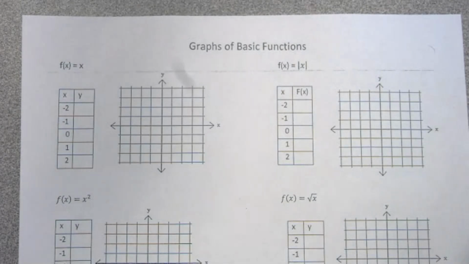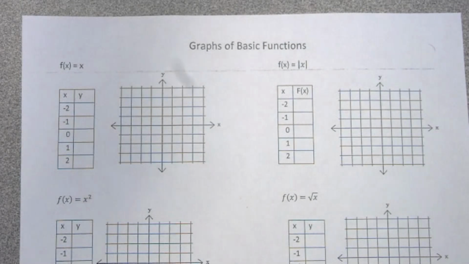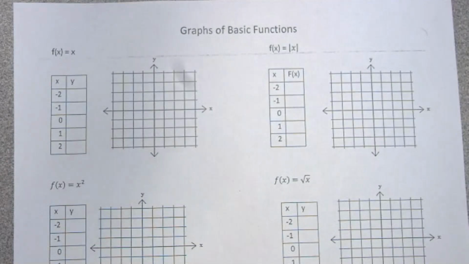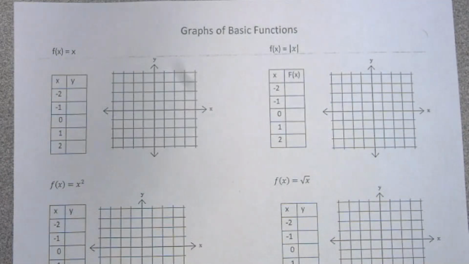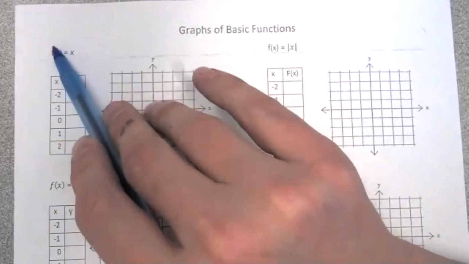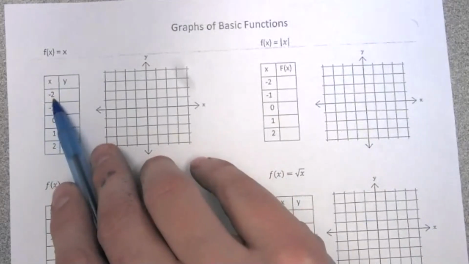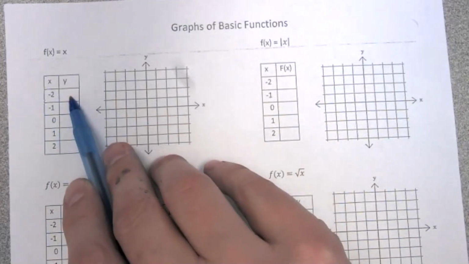Okay, we've been talking about functions and relations this week, and we talked about different ways to represent a function. We know we can represent it with a table, like we have here, with a graph, right? But we could also represent it with an equation or a rule that gives us inputs and outputs. So this one, for example, whenever I input a number, I get that same number out.